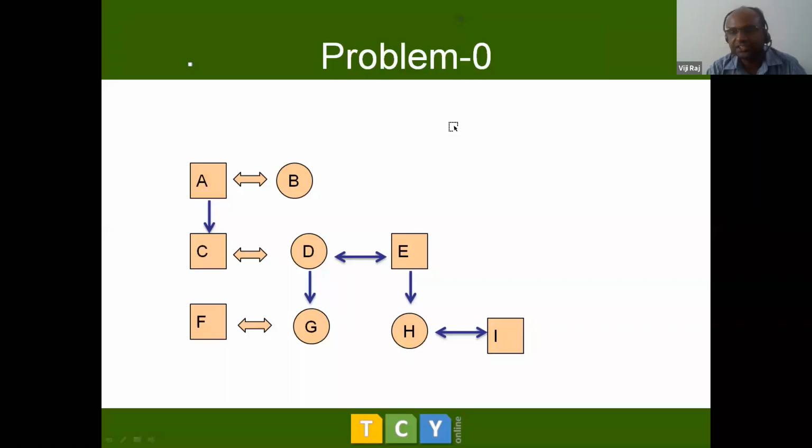Okay, so H is the niece of C. That will be our complete sentence, right? And I is the nephew of C. Got it?